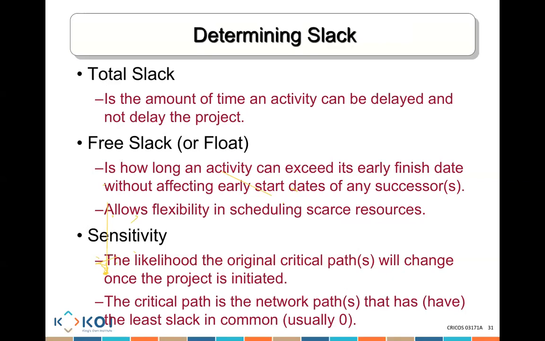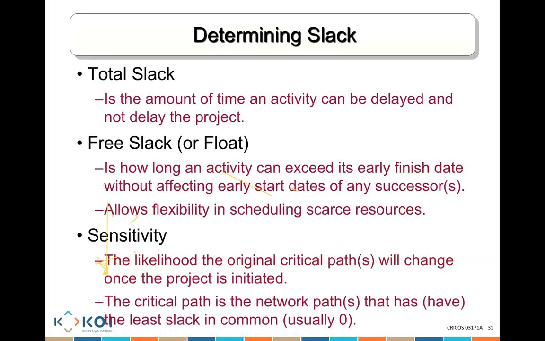So there are two types of slack. Total slack is if I delay one activity, the end project will take longer. And free slack is if I delay one activity, it will delay the activity after it. Not necessarily the overall project, but the activity immediately after it.